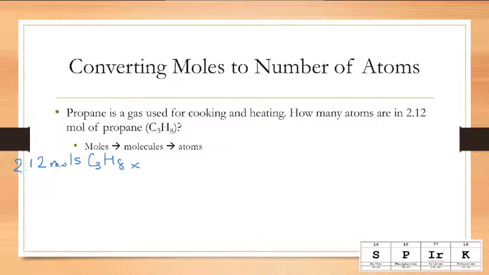And we know that there are 6.022 times 10 to the 23rd representative particles per mole of something. So we can say that there are 6.022 times 10 to the 23rd molecules per 1 mole of C3H8.